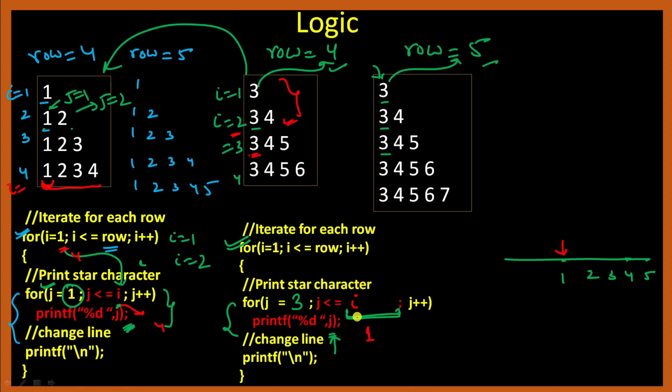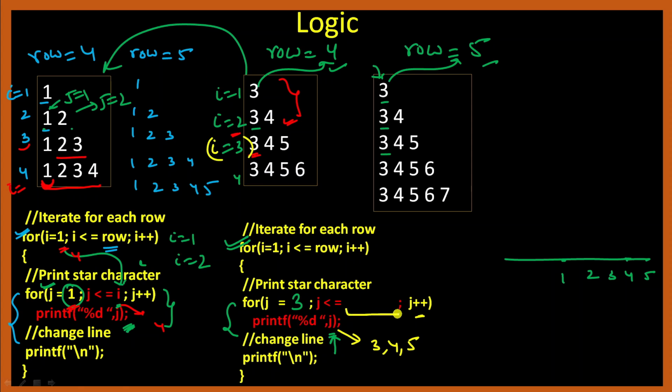So what should be printed? Basically, let's say if we are at I equal to 3, third row, okay, then we have to start from 3 and we have to print 3 digits, right? So this j is saying you have to print 3, then 4, and then 5, okay. So this way this j value should be coming. J plus plus is helping us to increment the value, 3 4 5.